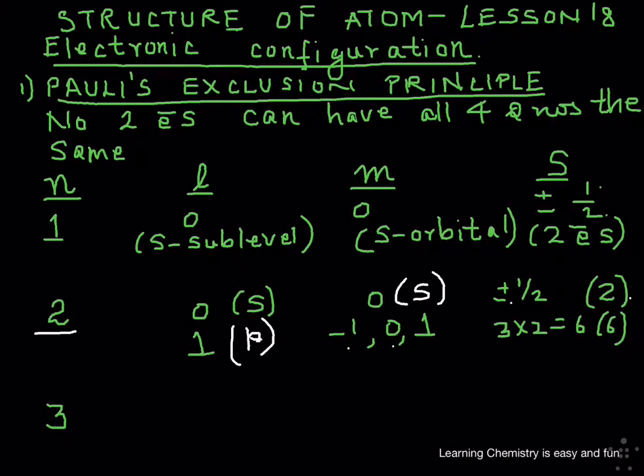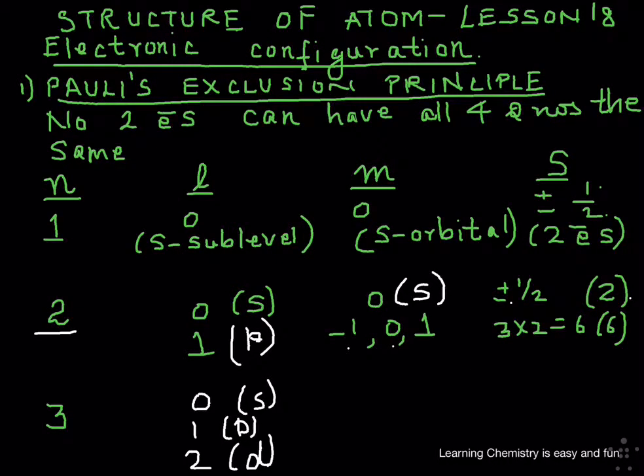In the third energy level, n equals 3, when the principal quantum number is 3, the value of L will be 0, 1, 2. So, I am talking about S, P and yes, D.